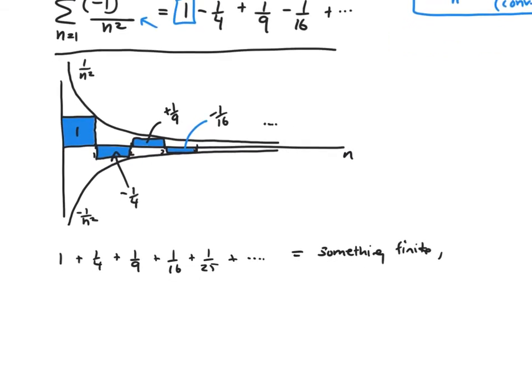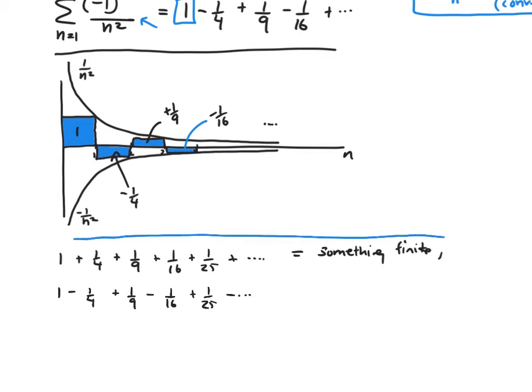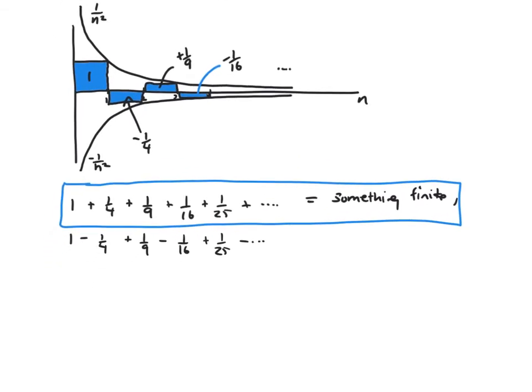Now I want to go and look at something that is similar to it, but it alternates positive, negative, positive, negative. 1 minus a quarter plus a ninth, minus 1 over 16, plus 1 over 25, and so on. If I know that this first statement is true, that this is something finite here, then I want you to think about for a second, can I say anything about this expression here? Okay, so think about that. What can I say?